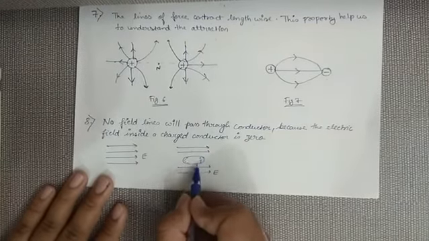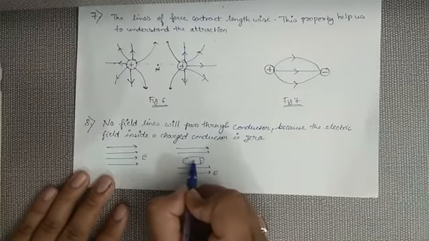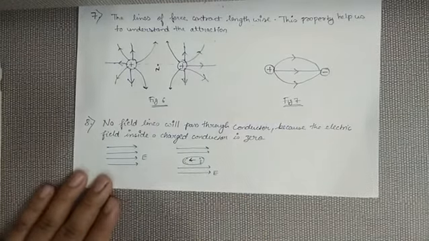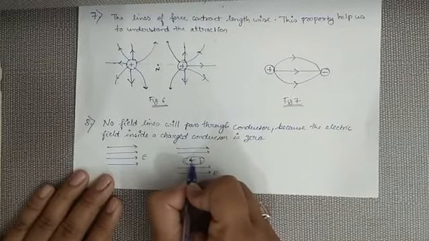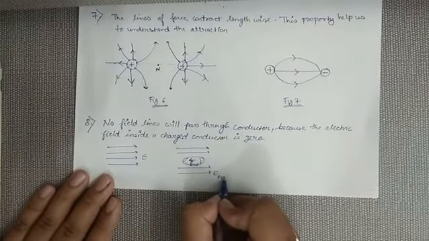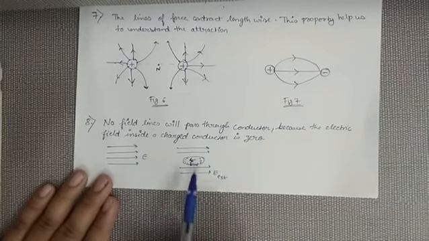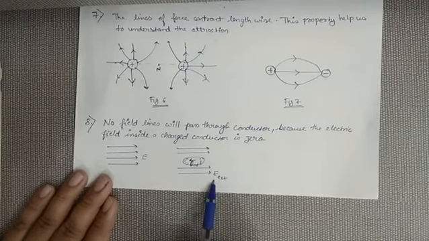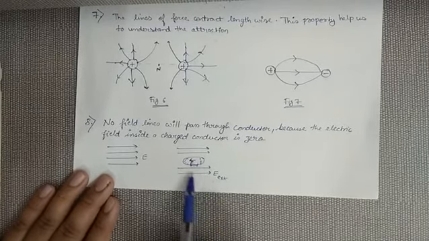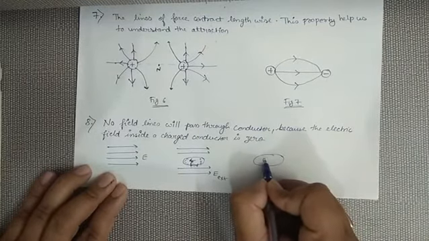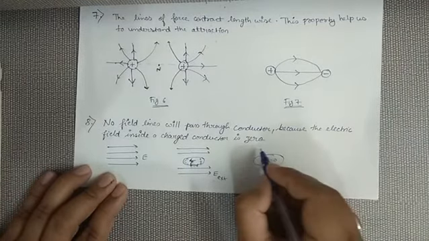Because of this plus and minus, there will be an electric field inside the conductor. This electric field, termed E internal, will oppose the external field, and when they become equal, the net field inside the conductor will be zero.